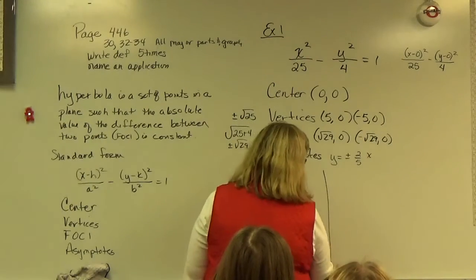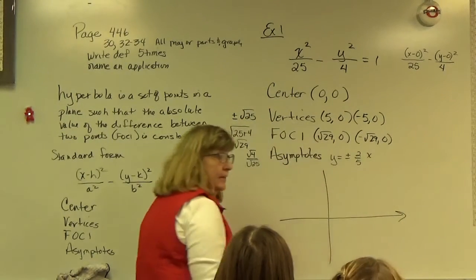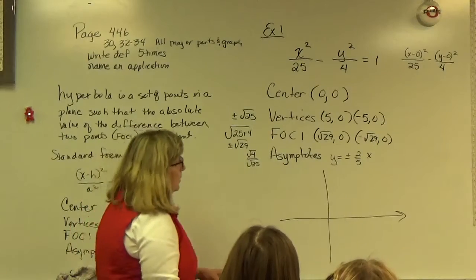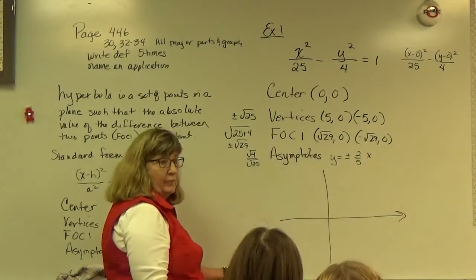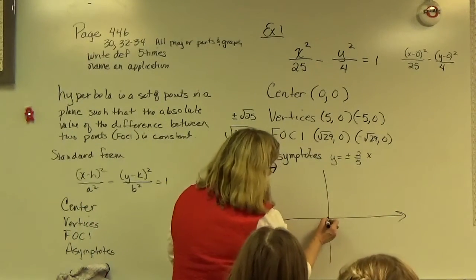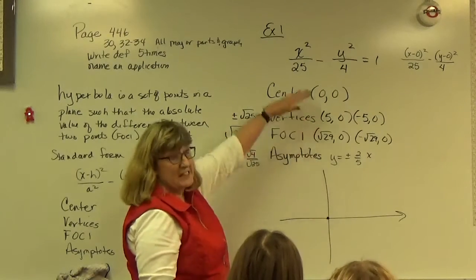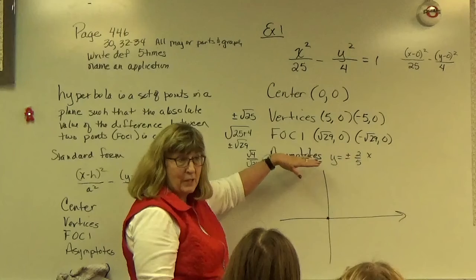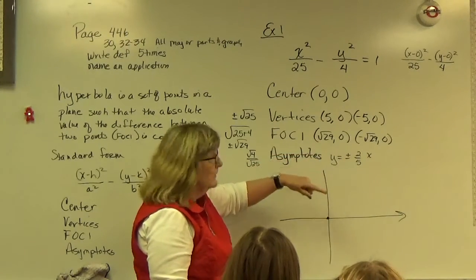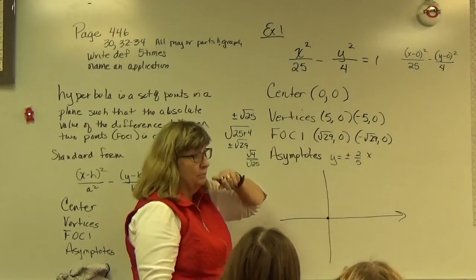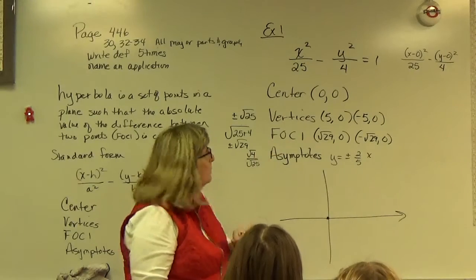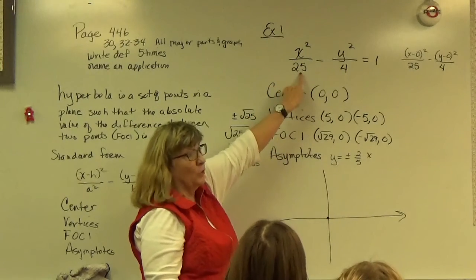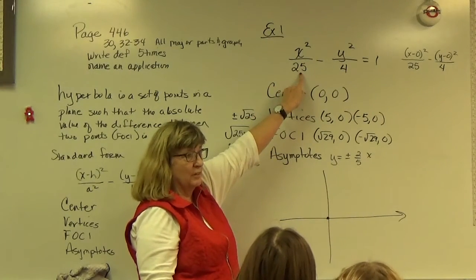Now, to graph that, you find the center, and I'm going to show you a trick for graphing. You don't really have to know any of this stuff to graph it, but you can use that to check to make sure you haven't made any mistakes. So our center is 0, 0. And you probably did this with your ellipse. In the x, how much am I going to go in each direction? 5.